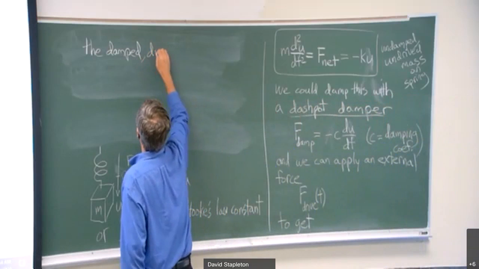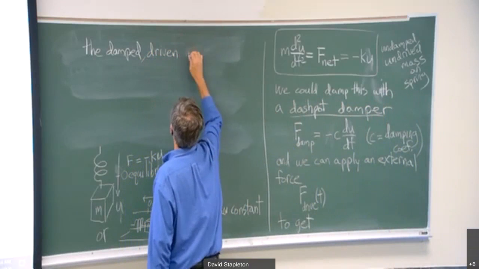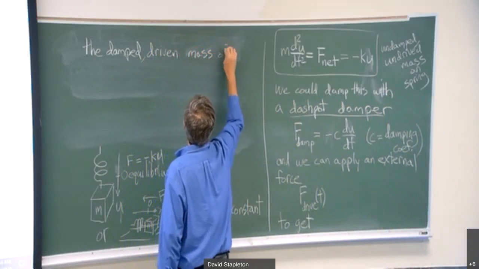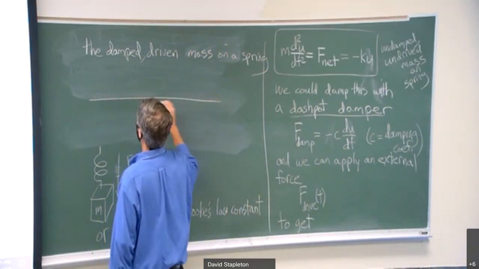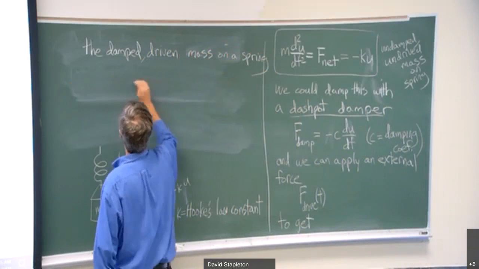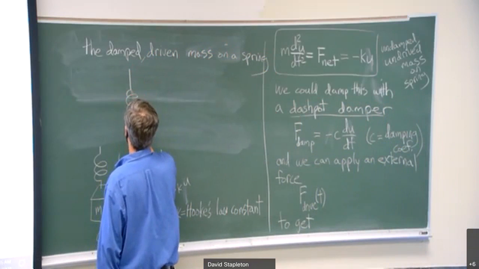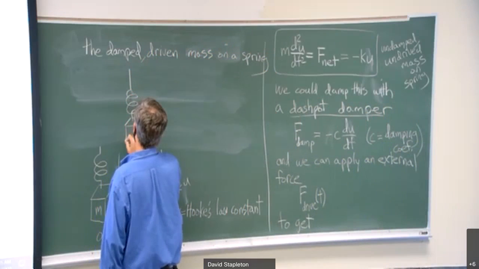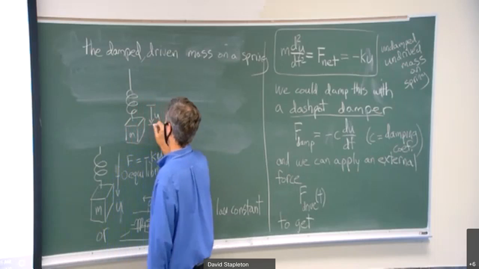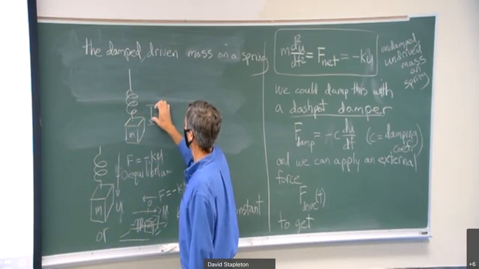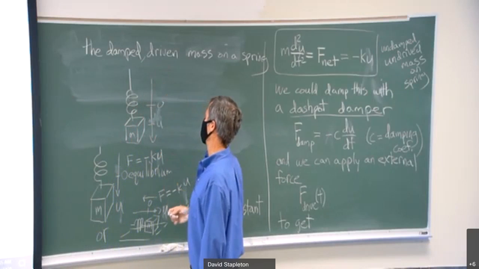So the damped driven oscillator, let's say mass on a spring, has this picture: hanging down from the ceiling on a spring, extended some length u from the equilibrium position at u equals 0.